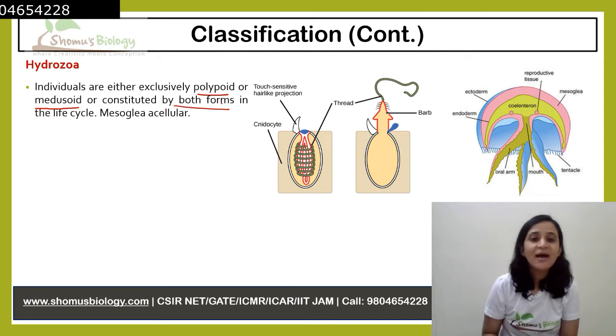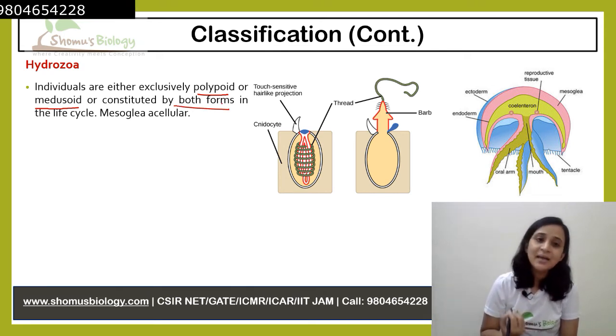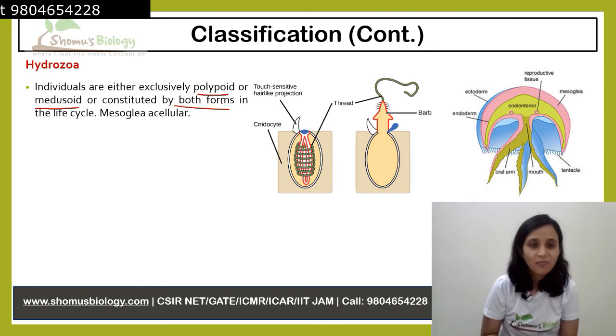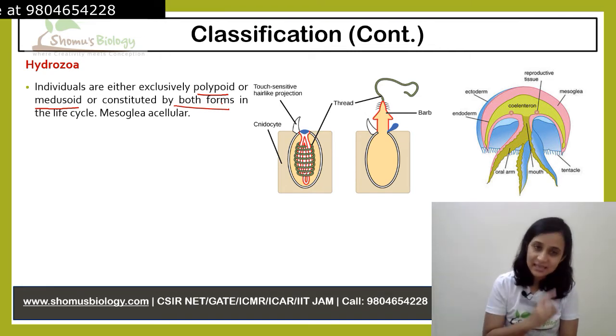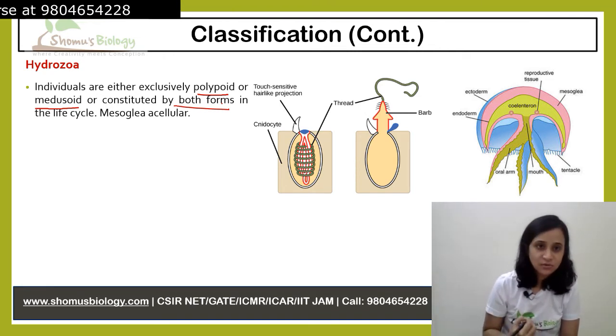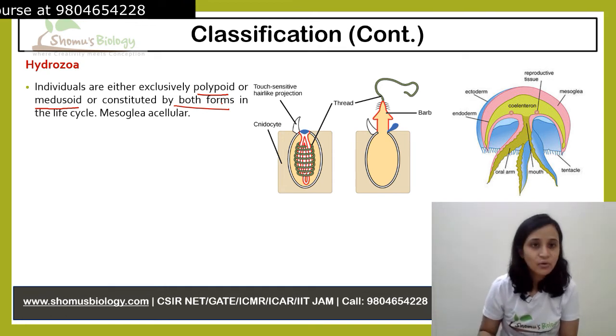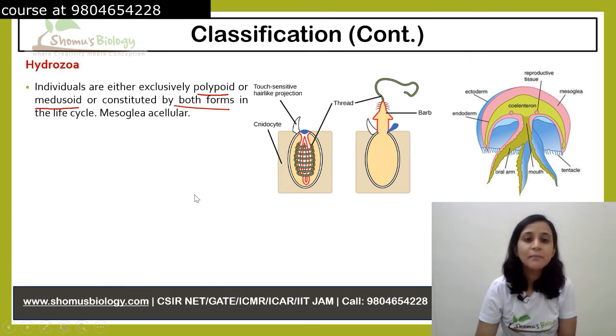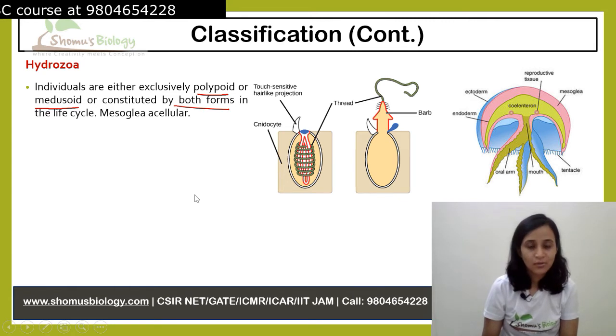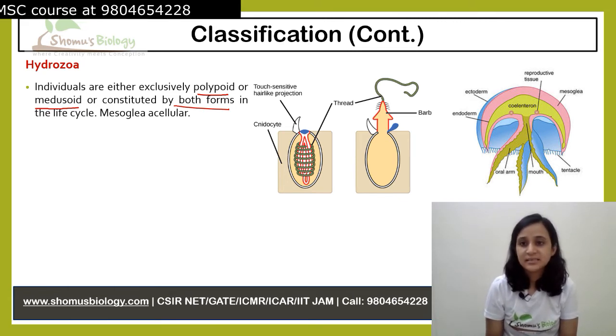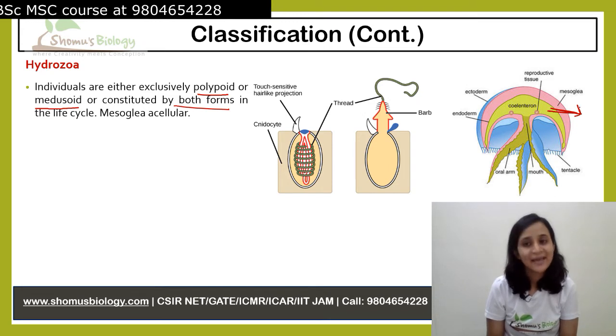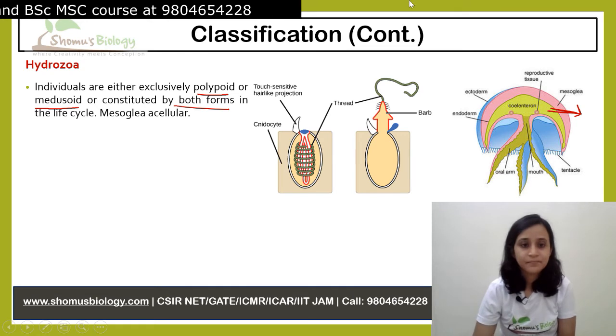So sometimes they have only the polyp form, sometimes only the medusa form, and sometimes both. Their mesoglea is acellular. The mesoglea is present between the ectoderm and endoderm, and it does not contain any cells.